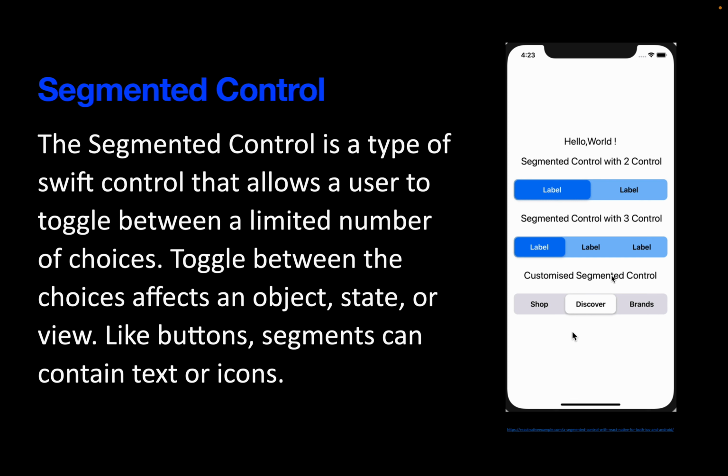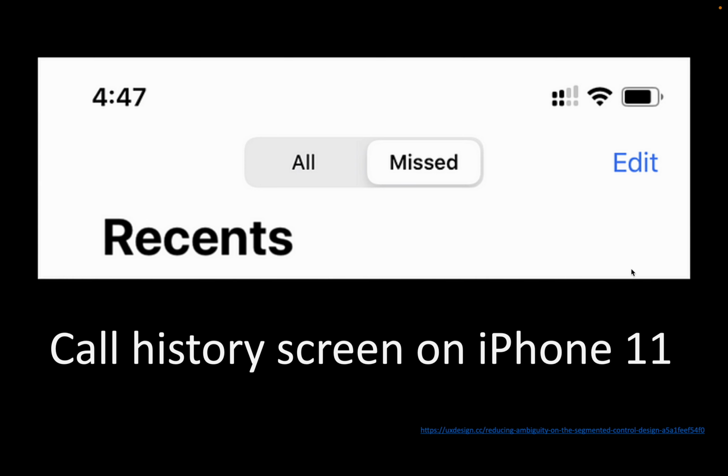So let me show you. You can switch from one panel to the other, or move from one choice to the other, and that's really similar to what you have on an iPhone. You can toggle between all your calls, because we're looking at your call history, which will show outgoing, incoming, missed calls and everything, or you toggle to the other side, which just shows you the missed calls.